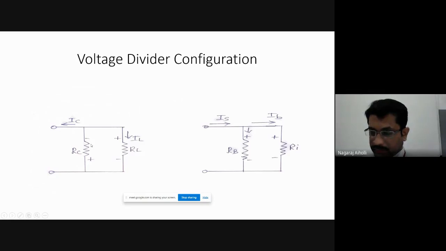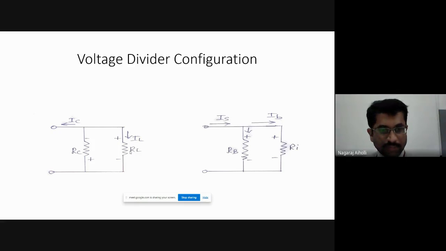The current flowing through RC is getting split into IC and IL, so it is the sum of IC and IL. So it is minus of (IC plus IL) into RC, that is positive to negative, a decrease in energy. Then come to ILRL, positive to negative, minus ILRL equal to 0. So the equation is: minus (IC plus IL) multiplied by RC, minus ILRL equal to 0.